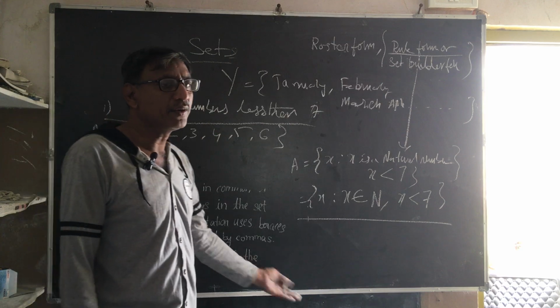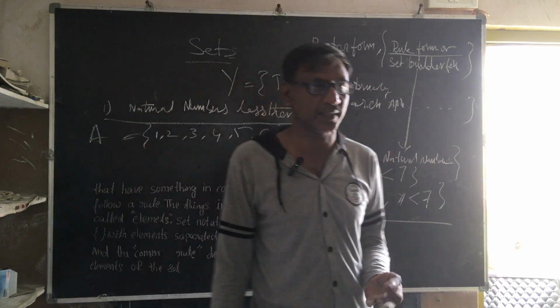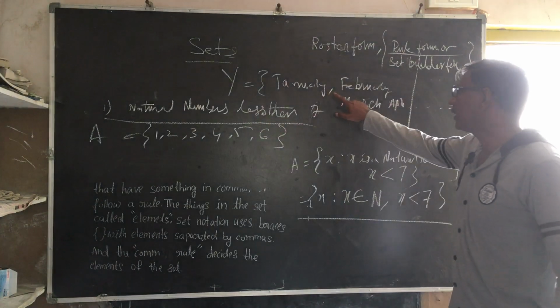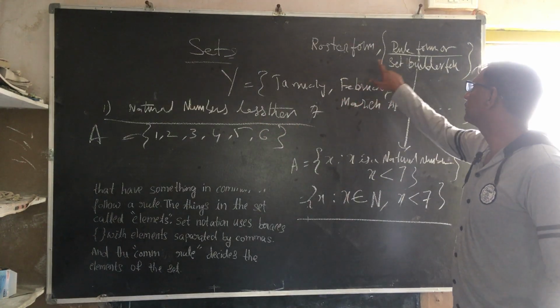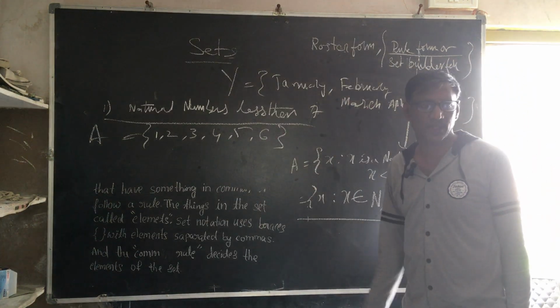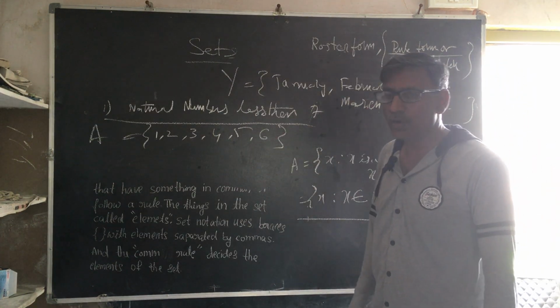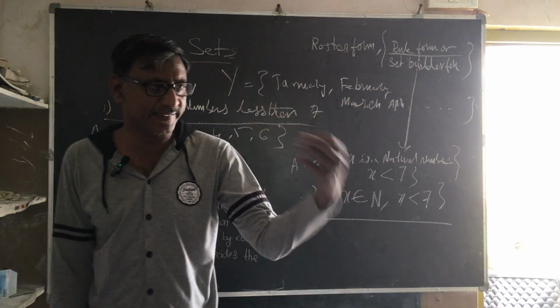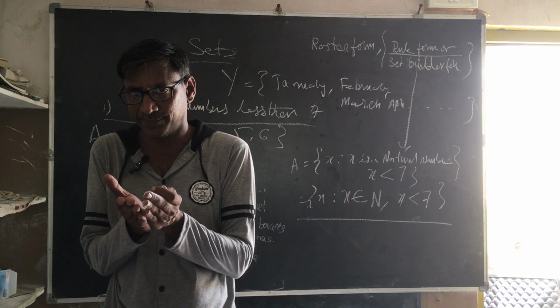The common rule decides the elements in the set. The common rule here is months, here natural numbers, here months. Understand my point?